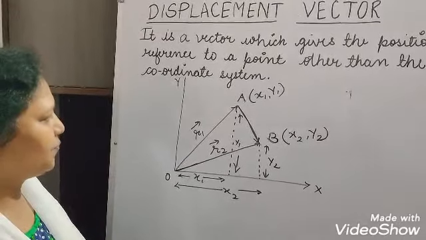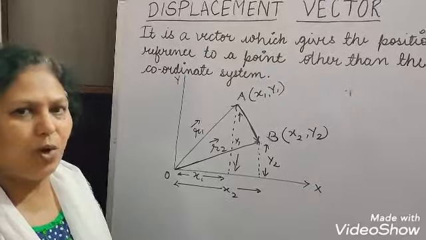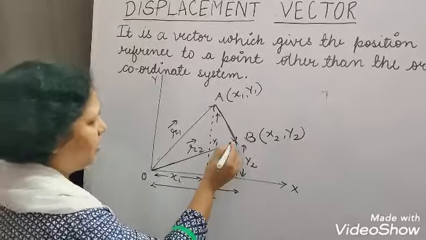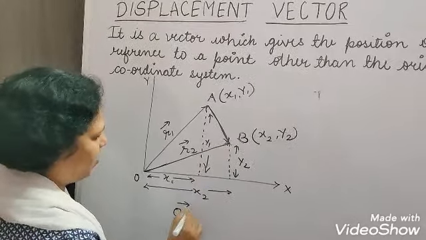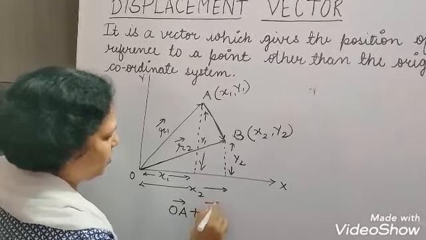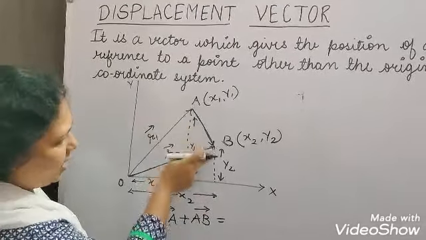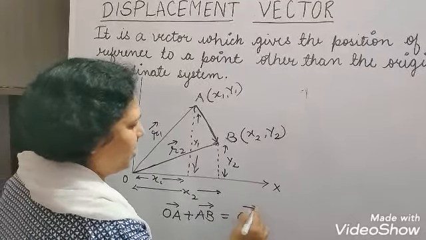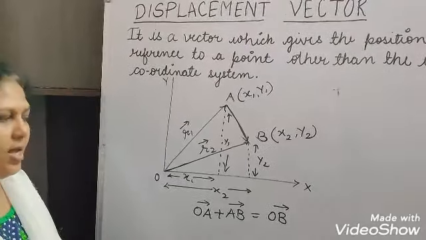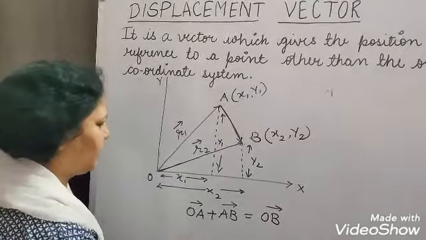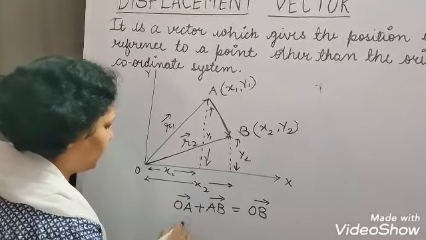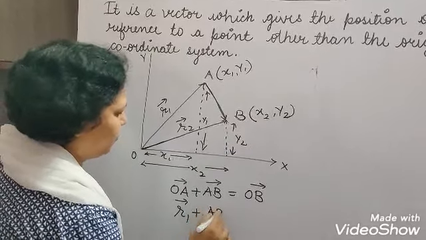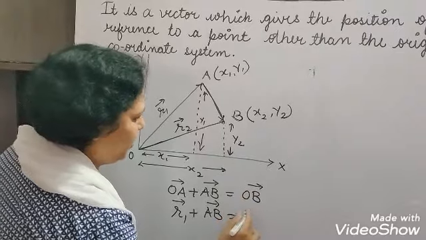Now we will just apply the triangular law of addition. What we know is that OA plus AB, because they are in the same order, is equal to OB. We have applied here the triangular law of addition. OA is r1, AB is what we have to calculate, and OB is r2.